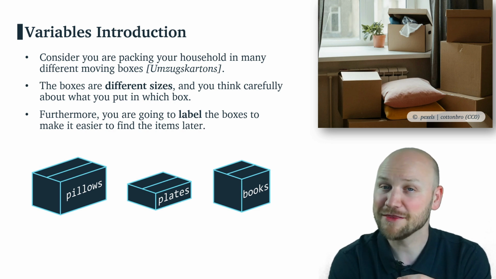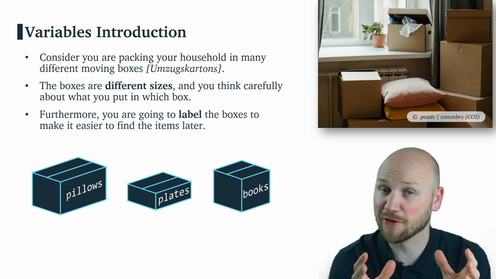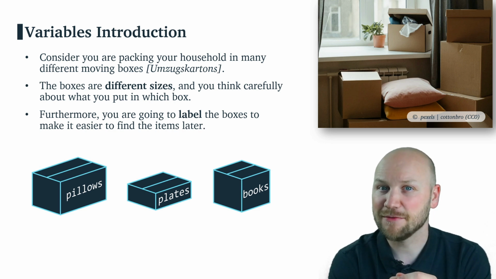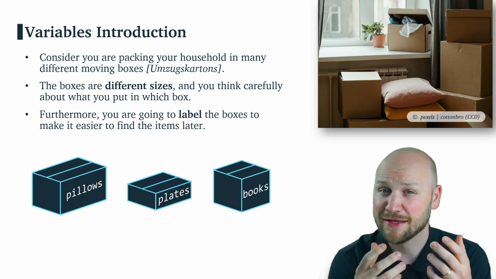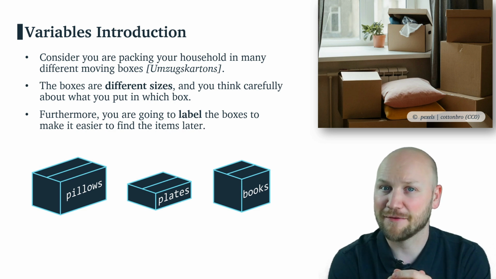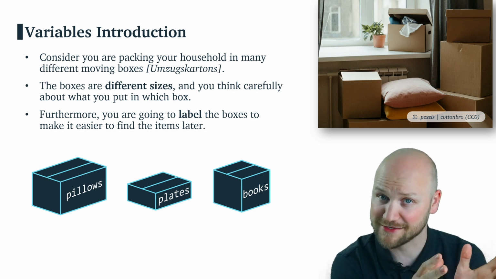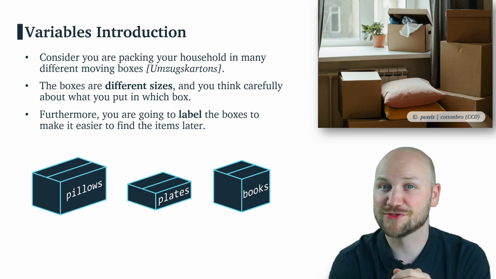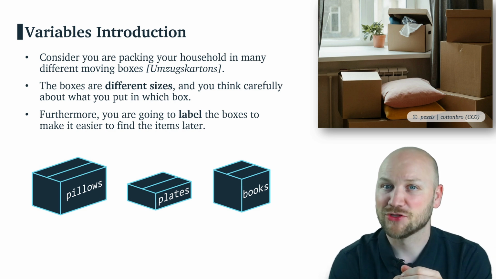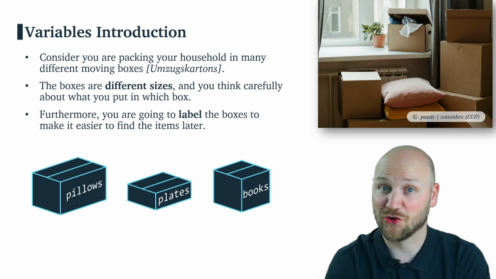You want to find the pillows very easily without opening all the boxes, so you put labels onto the box with a very descriptive, memorable name. So you have to choose the right size of the box and you choose the right label to later on find the content of your box.